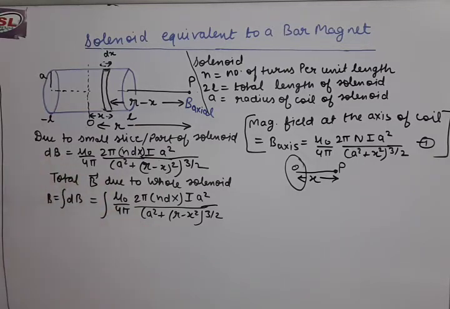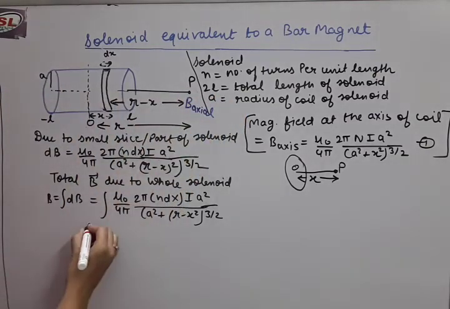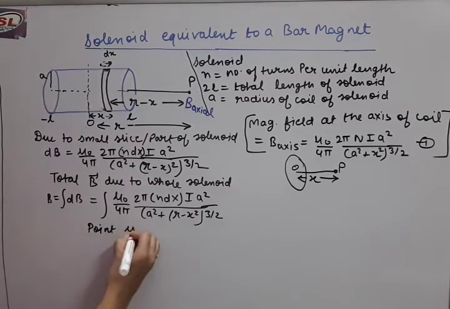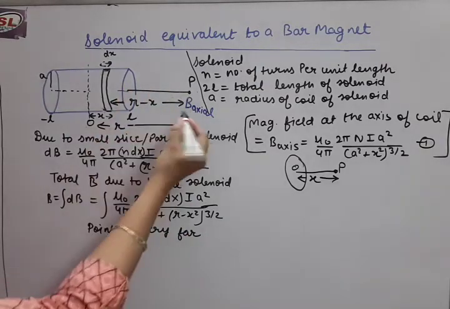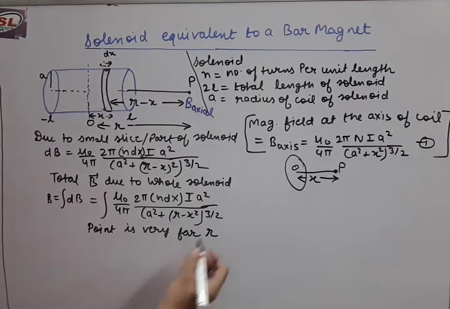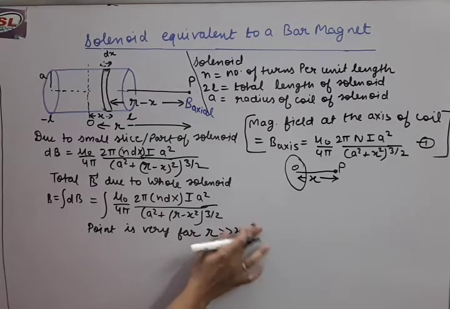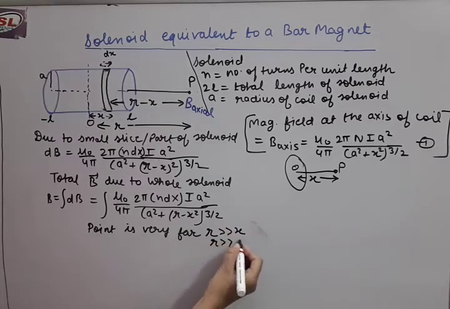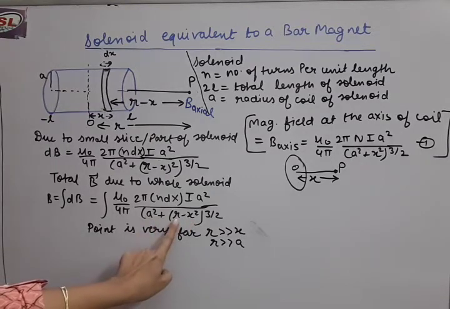See students, if the point is very far, this point's distance, that means this r distance, which is now appearing here, should be taken very much greater than x, and secondly very much greater than a also, because now three distances are appearing: a, r and x.